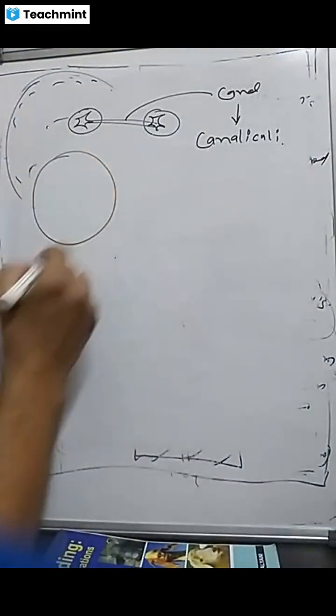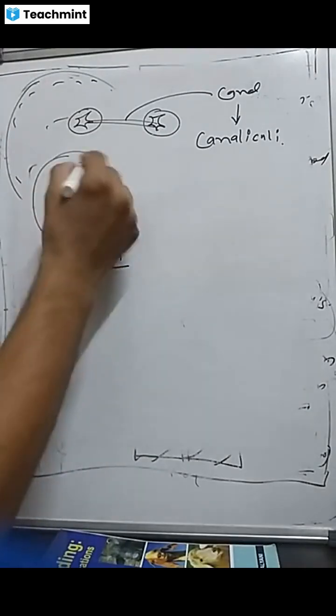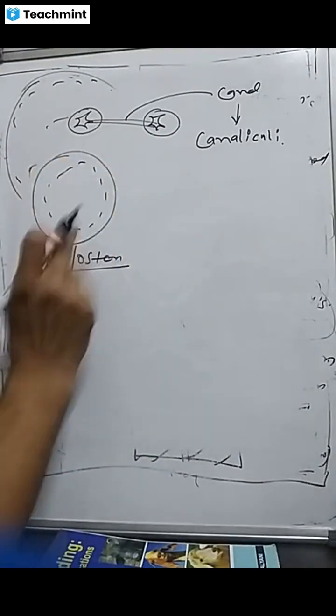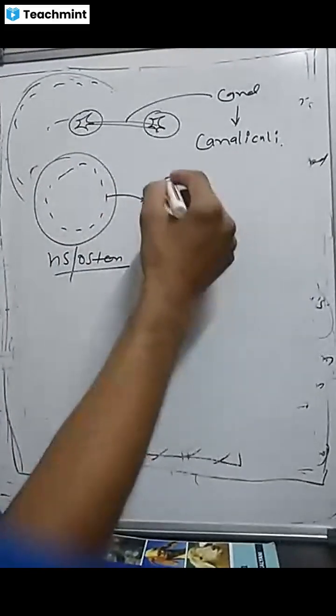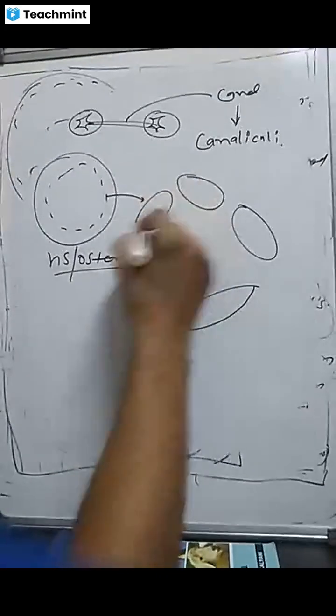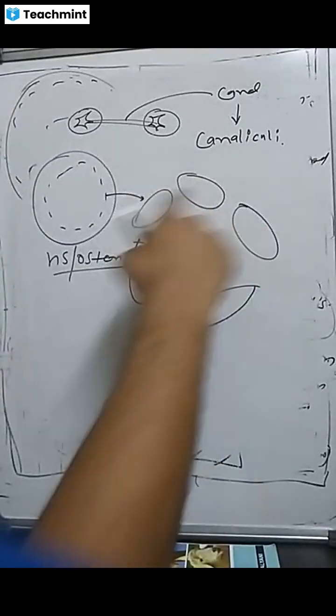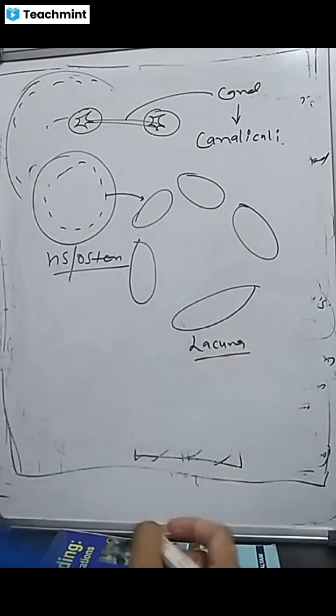Within one Haversian system, if you are looking at one lamella and we bring this circle out, in reality it forms structures like these. These empty spaces are lacunae.